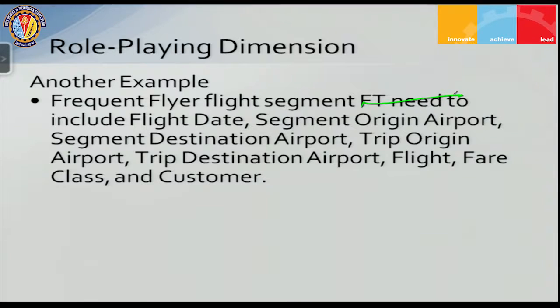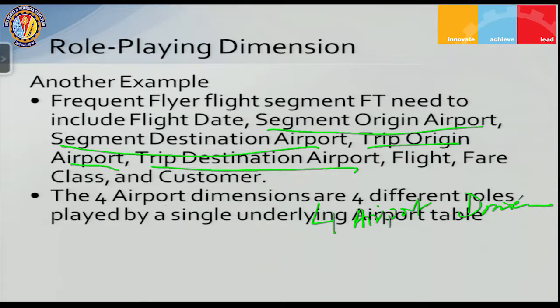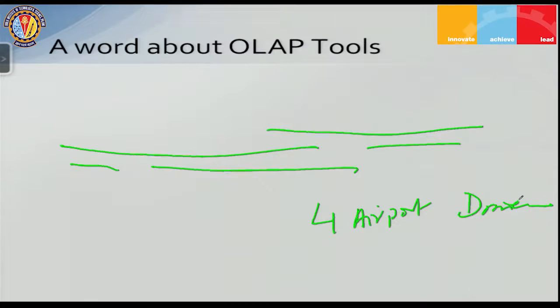So you can see here that the airport dimension comes many times: segment origin airport, segment destination, trip origin airport, and trip destination airport. So 4 references to the airport dimension are being made here, and then there are other dimensions as well. The 4 airport dimensions are 4 different roles played by a single underlying airport dimension table.